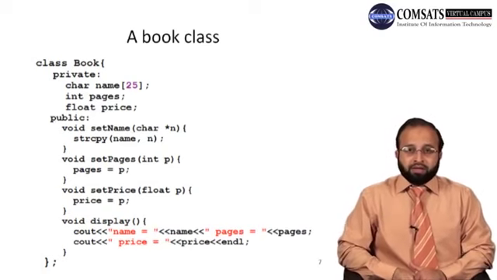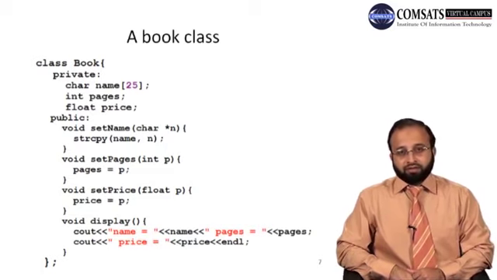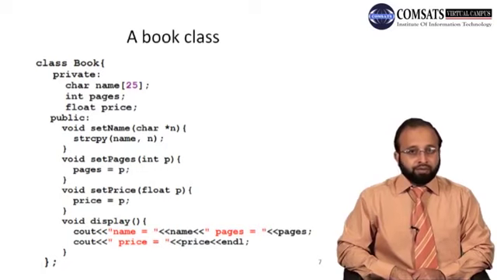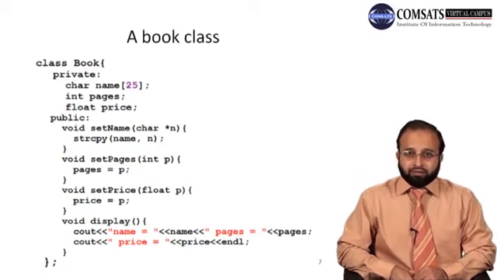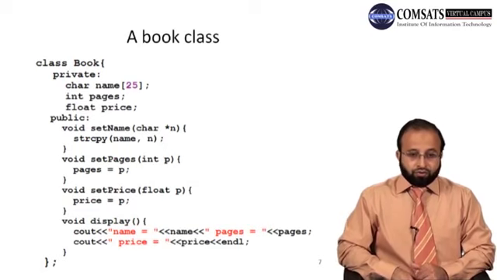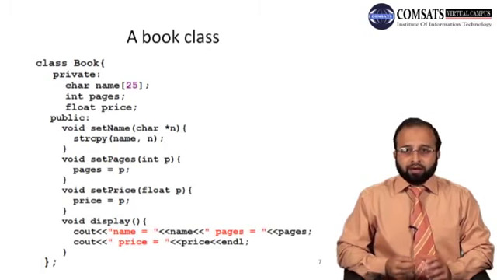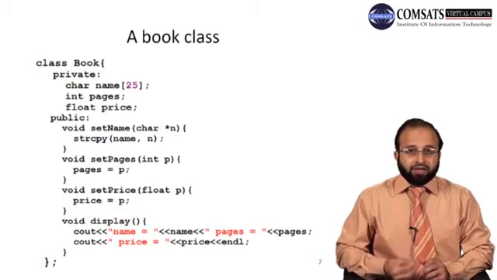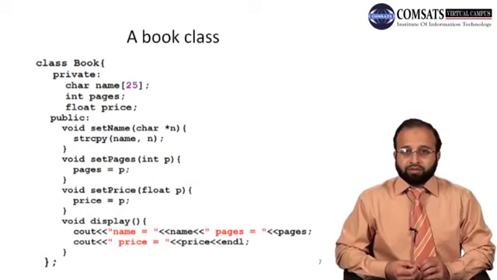I gave you the example in the first lecture about the table lamp. If you remember that example, there are two states of the table lamp, that is on and off, and it has two behaviors, that is turning on the lamp and turning off the lamp, right? If you observe every example that I gave you, or pick up any object, the state of that object can only be changed by executing that particular behavior of that object.